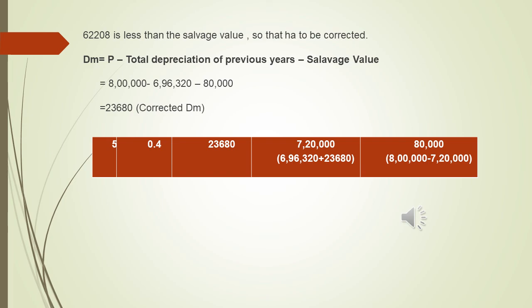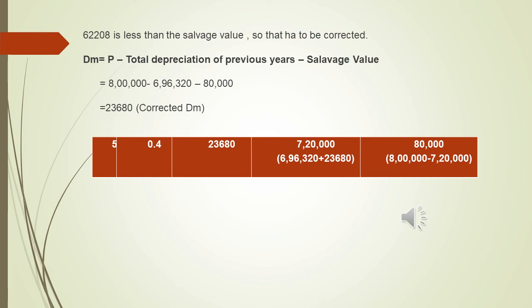So that will be in the middle. That is total depreciation of previous year minus salvage value that is given in the question, right? The answer you get, you are going to put in the new row for fifth year.